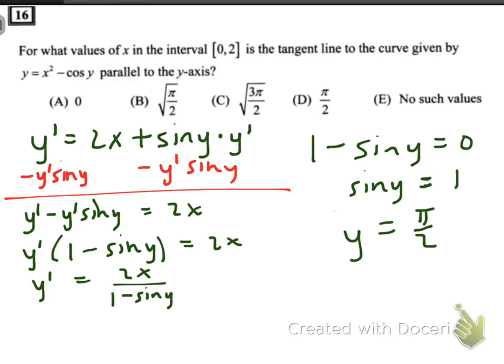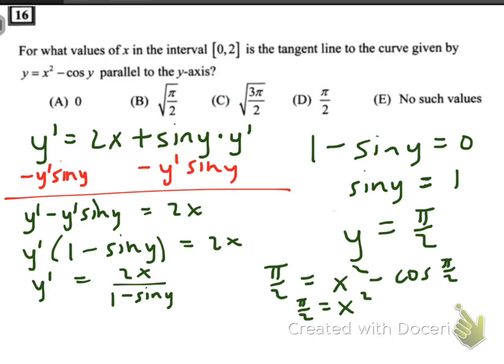Well, what causes y to be equal to pi over 2? If we want to know that, then we have to plug in y equals pi over 2 into the original equation. And yeah, I agree, this is a tricky one, but pi over 2 equals x squared minus cosine of pi over 2. We know the cosine of pi over 2 is 0, and so then x squared is equal to pi over 2.